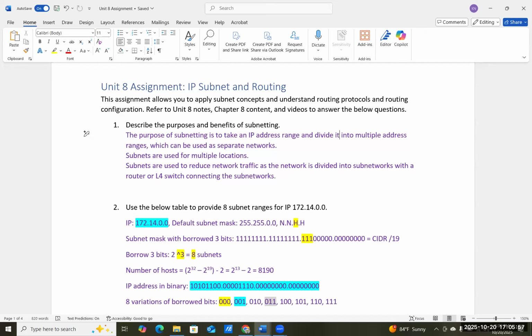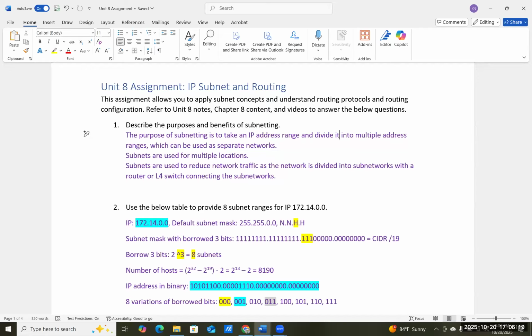You might have different departments that require different subnets. You might have different locations that require different subnets, like stores, if you're looking at retailers, or even restaurants. And we would implement the network using a multi-layer switch or layer 4 switch.